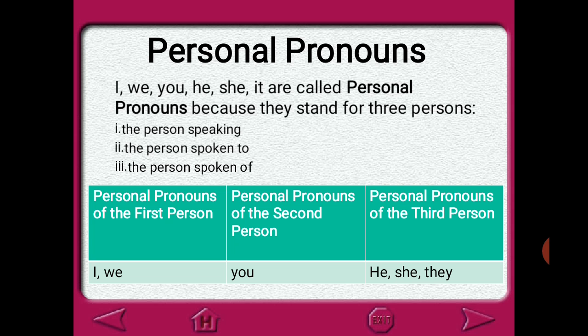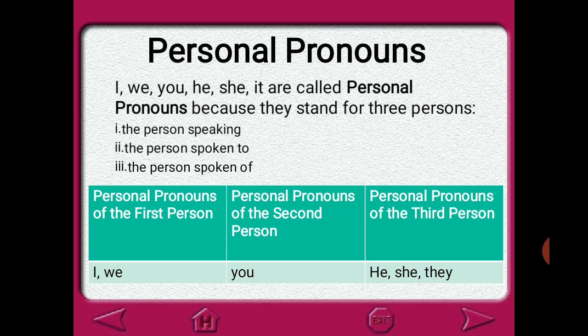Children, the pronouns I and we denote the person or persons speaking. They are said to be personal pronouns of the first person. And the pronoun you denotes the person or persons spoken to, and it is said to be the personal pronoun of the second person.